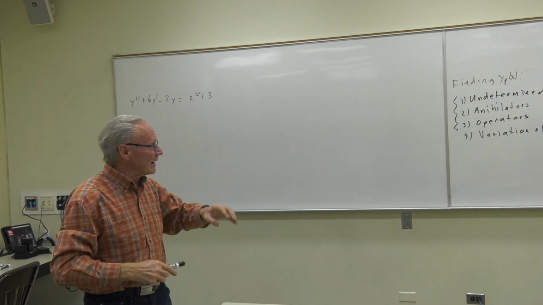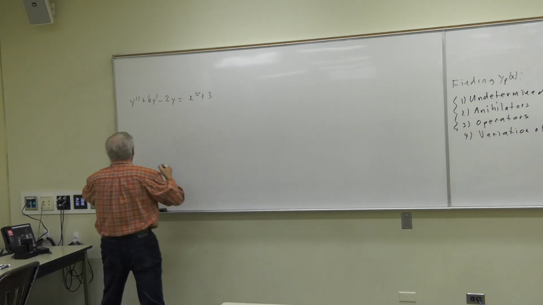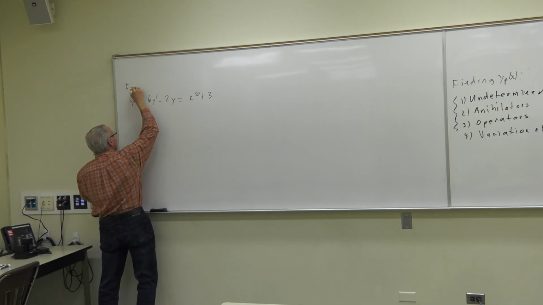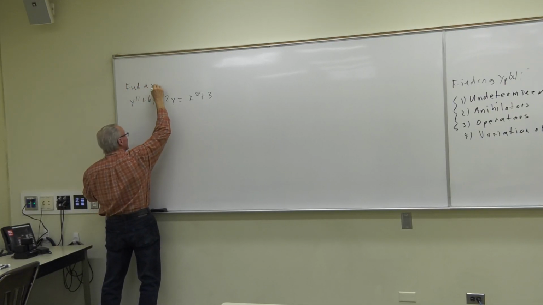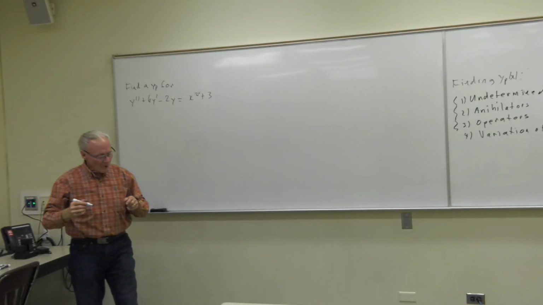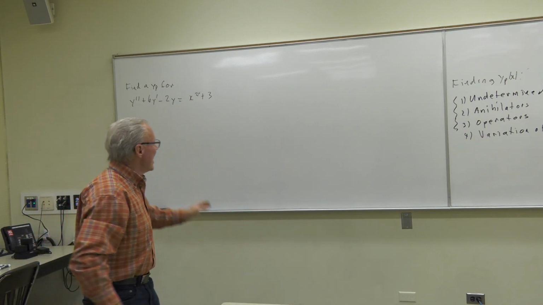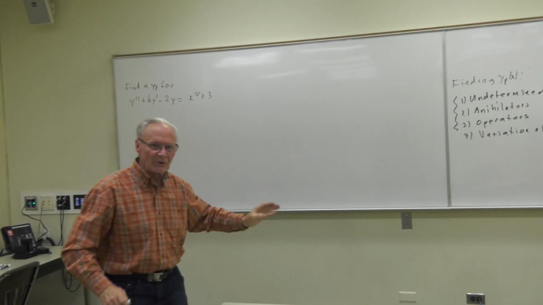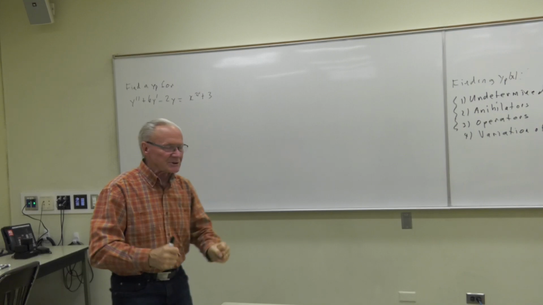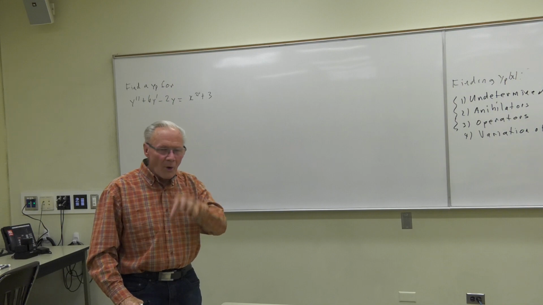So find a y sub p for this differential equation. I'm not finding a general solution. If I wanted the general solution, I'd have to solve the auxiliary equation, write down the y sub h, and then add to what I got here. But I'm concentrating only on the y sub p.